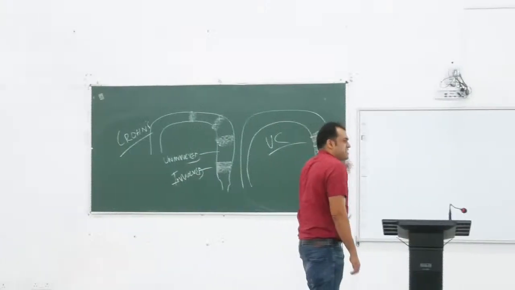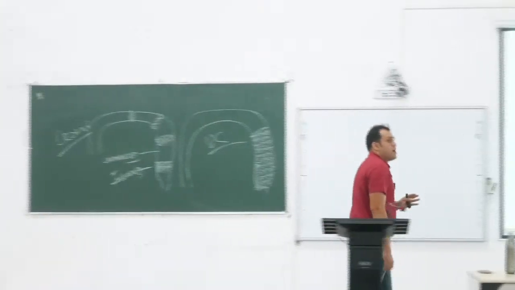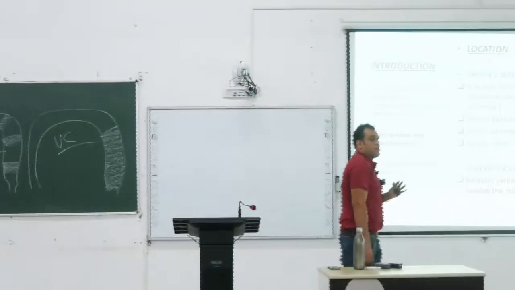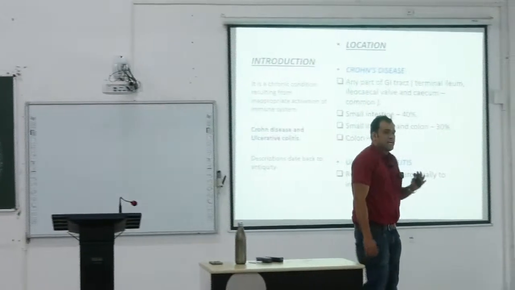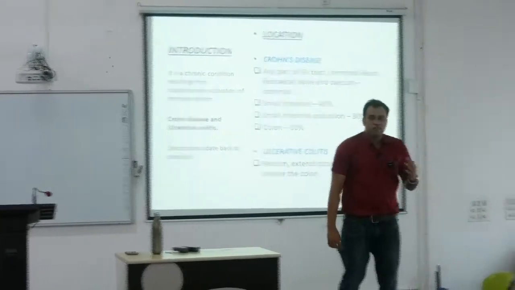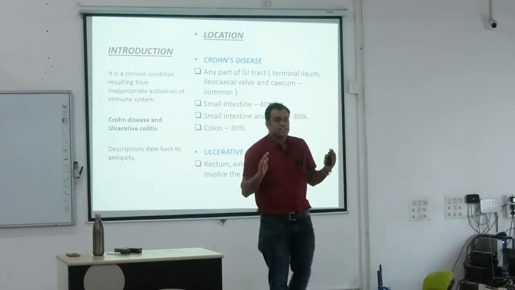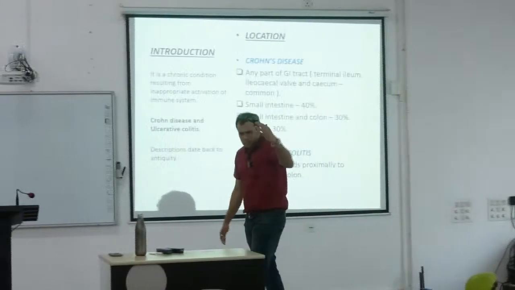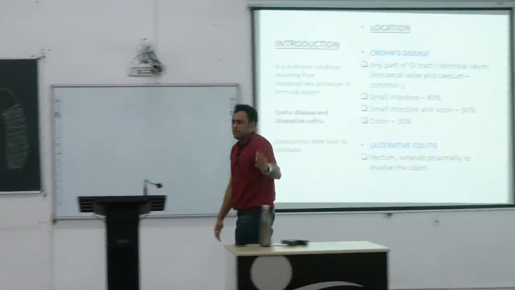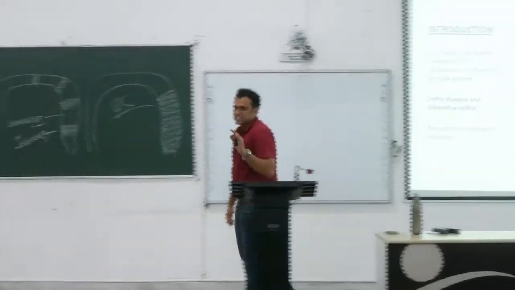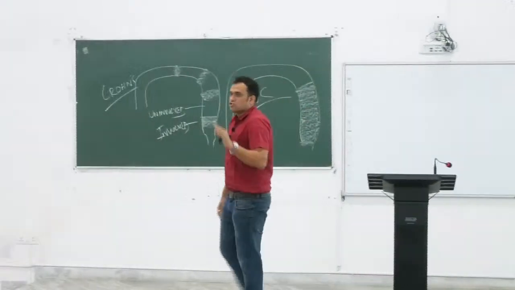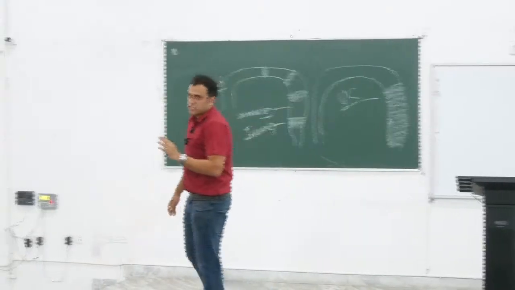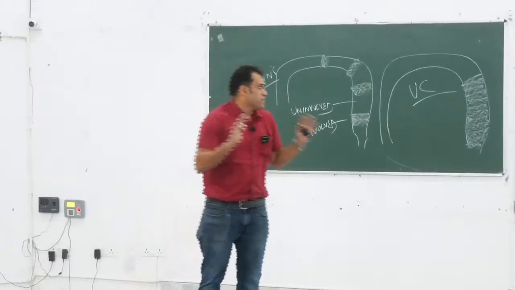Very rarely the small intestine may be involved. In extensive ulcerative colitis, there is involvement of the terminal ileum, which is called backwash ileitis, but it's very rare. So when the examiner asks you the location, please make a mention of this.